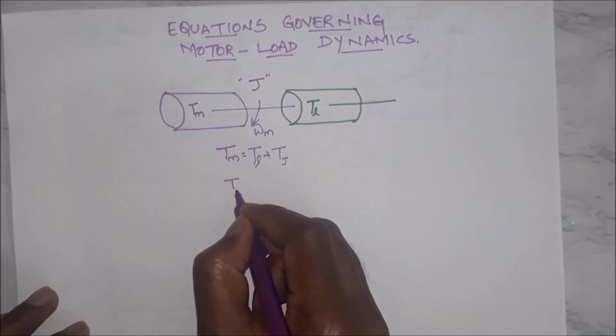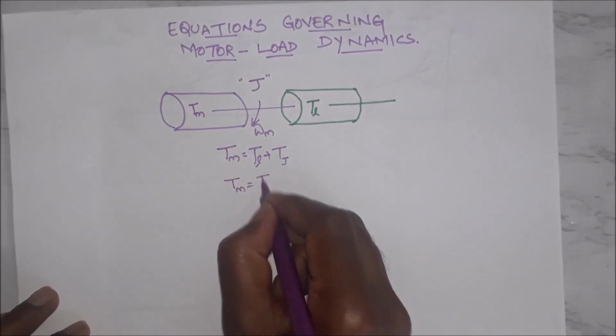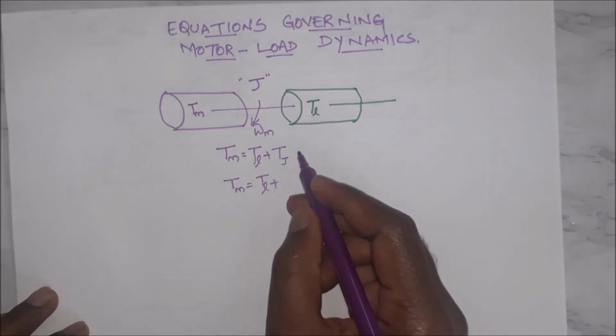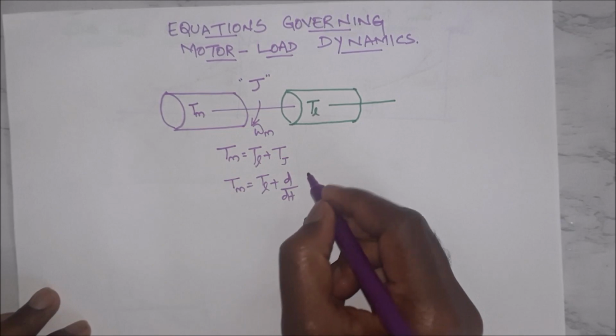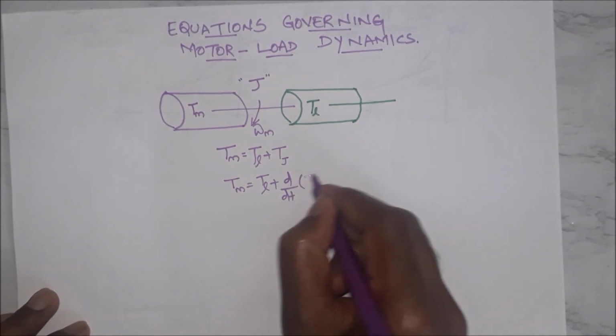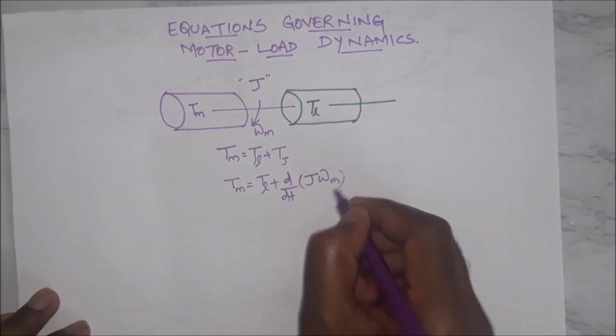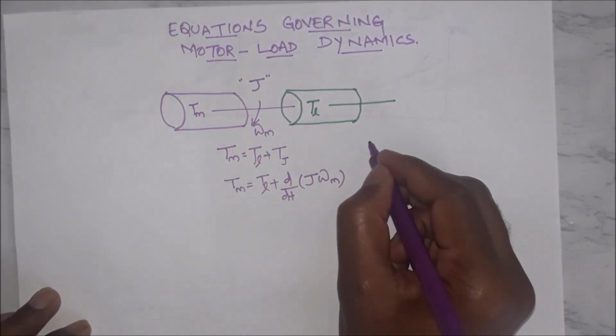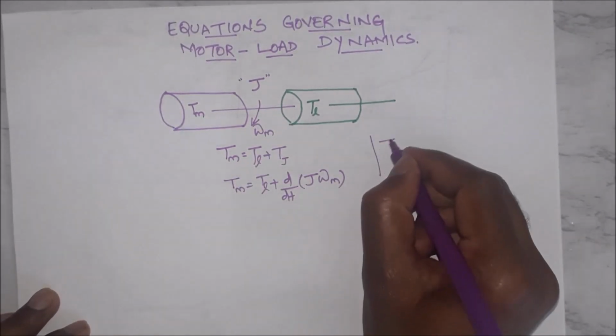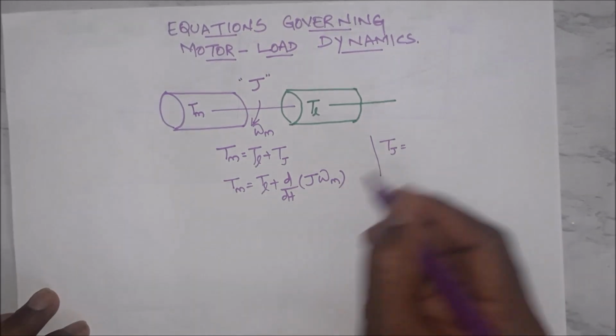Therefore, your motor torque Tm is equal to TL plus d by dt of J into omega m. Here J represents the moment of inertia of this mechanical system.